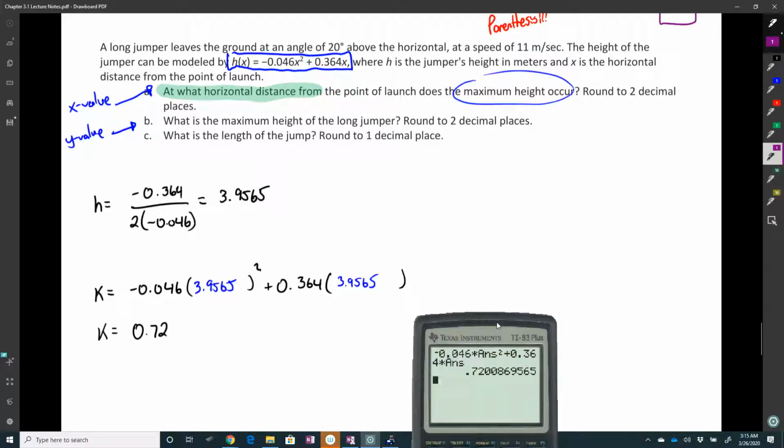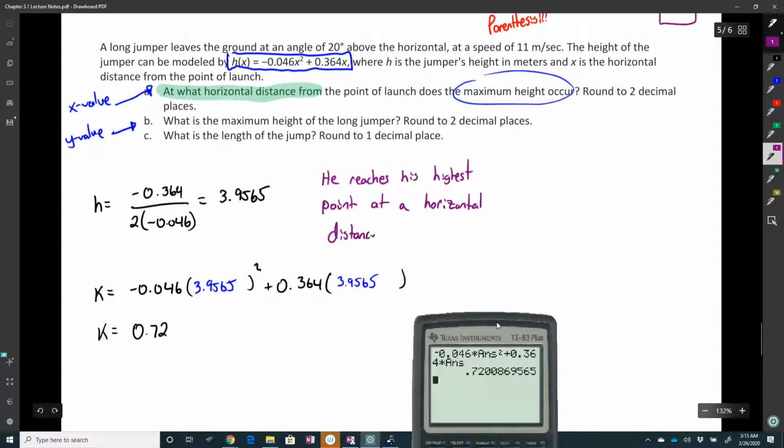He reaches the highest point at a horizontal distance of 3.96 meters, rounding it.